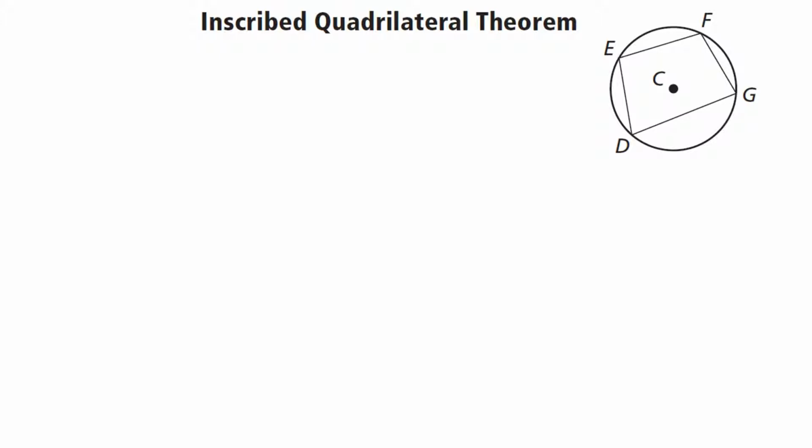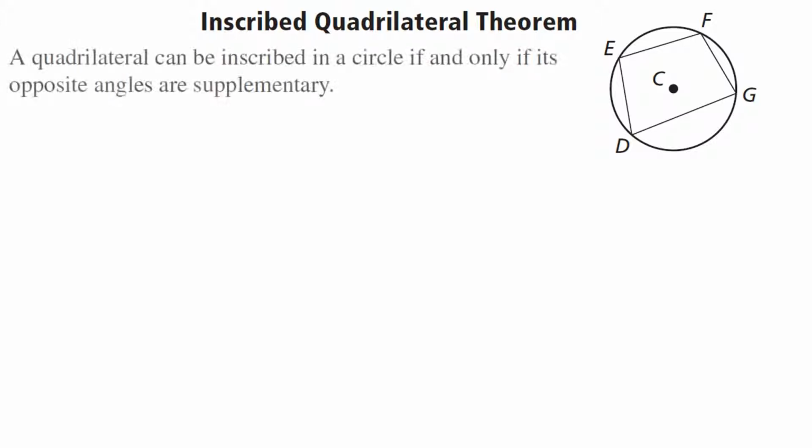Quadrilaterals are four-sided friends. If it is inscribed, I know the opposite angles are supplementary. In other words, the opposite angles have to add up to 180, because opposite angles subtend the entire circle.